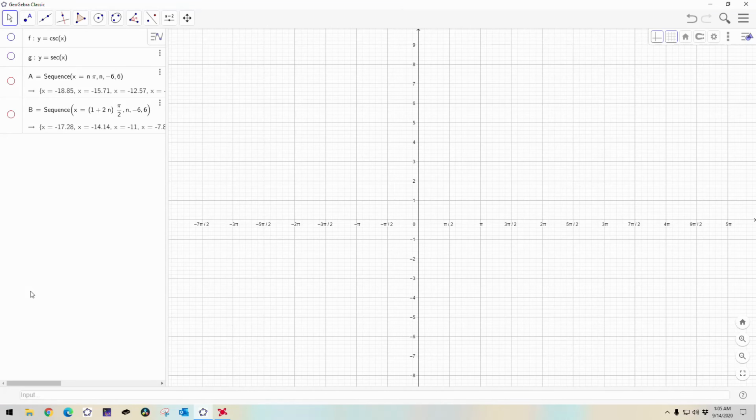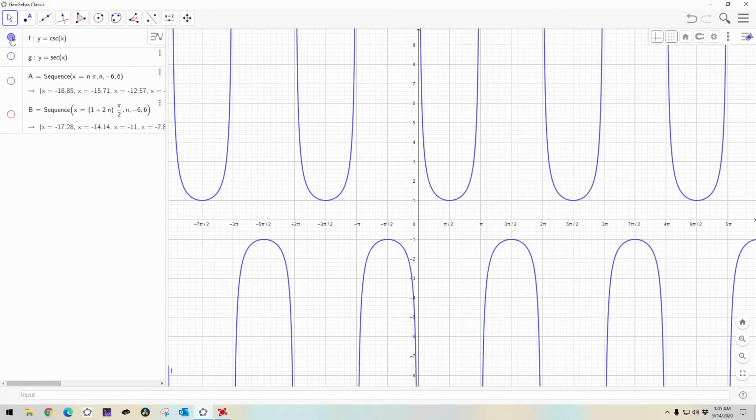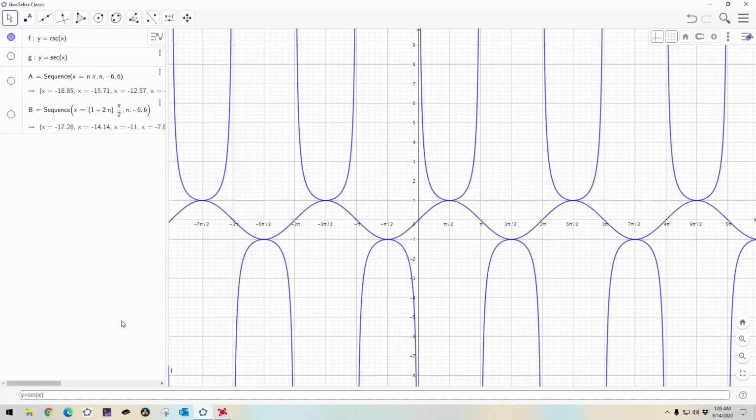Let's begin our GeoGebra trek with a view at those two basic graphs. Cosecant being the reciprocal of sine. You'll notice GeoGebra doesn't even bother graphing the asymptotes there, but I can punch up y equals sine of x so that you can see the way that they do actually fit there.